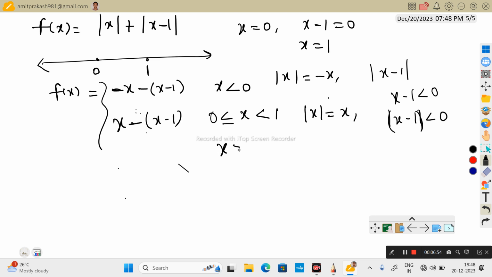And for x greater than 1, mod x equals x, since x is positive, and mod of x minus 1 is also positive, so mod of x minus 1 equals x minus 1. Therefore this function becomes x plus x minus 1.